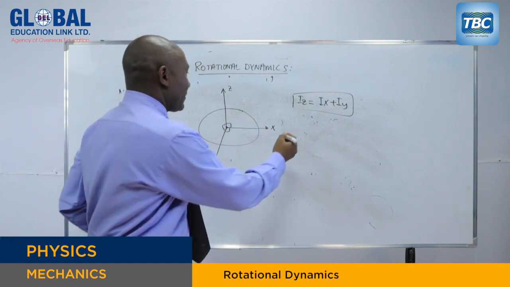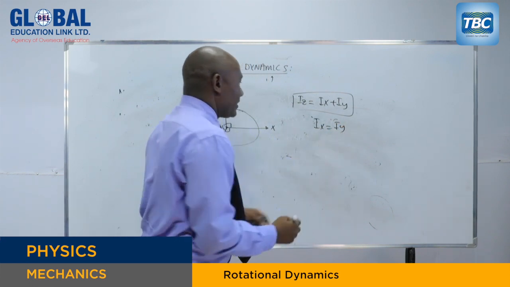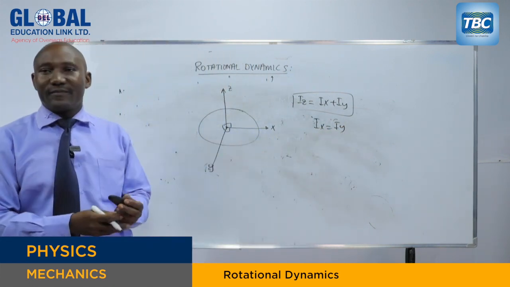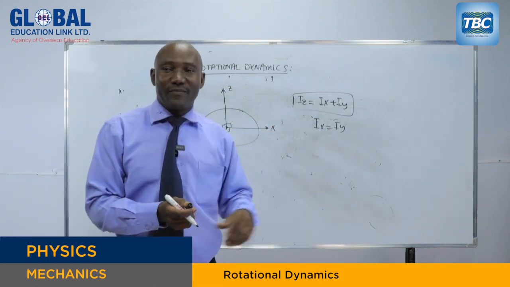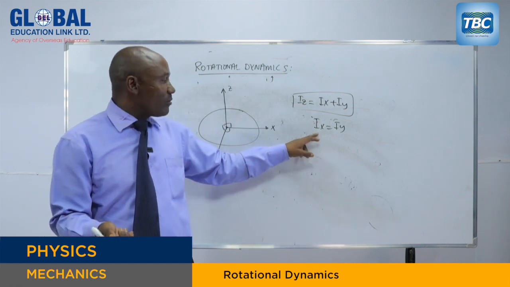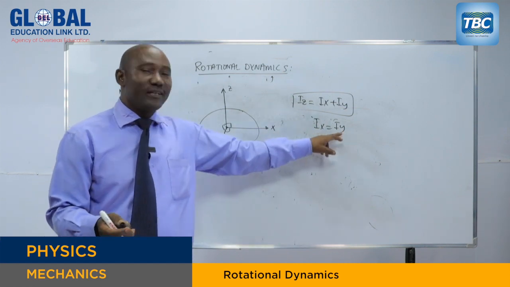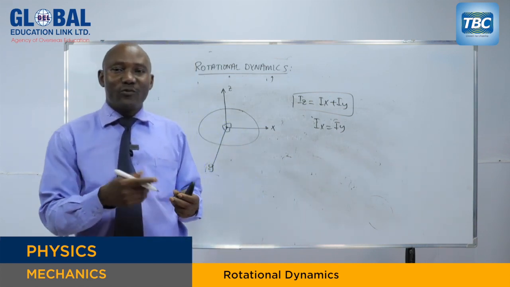So we say the moment of inertia about x. This is for a disk. Other objects will be determined by adding them. For a disk, we say the moment of inertia about x equals the moment of inertia about y, because the two axes are dividing the plane into two halves.